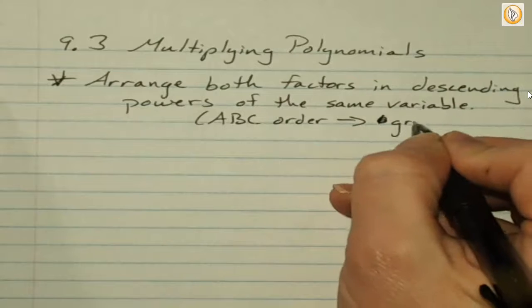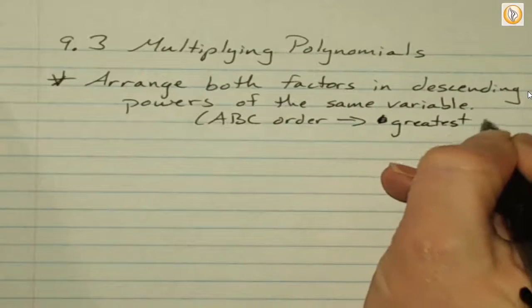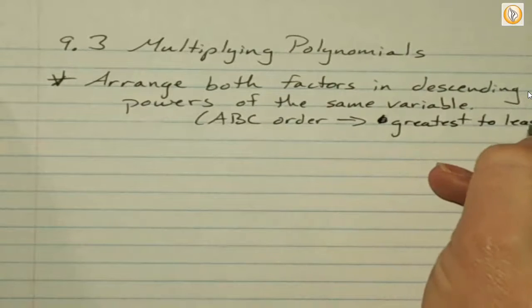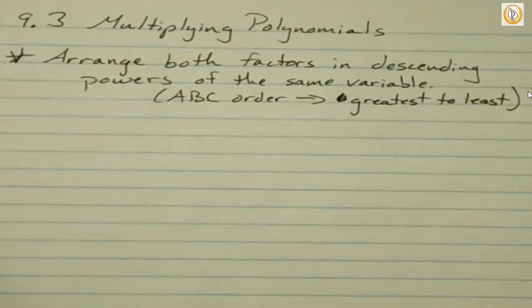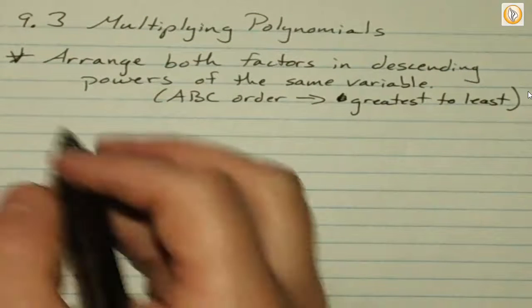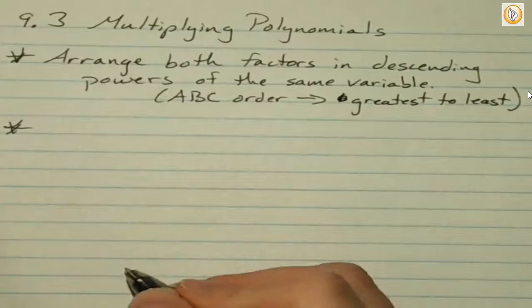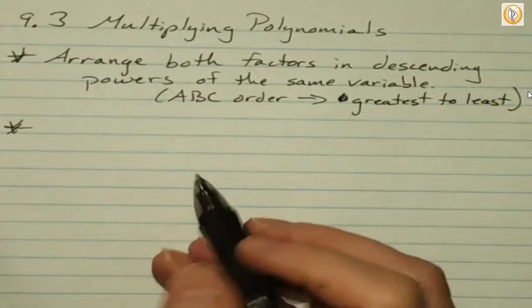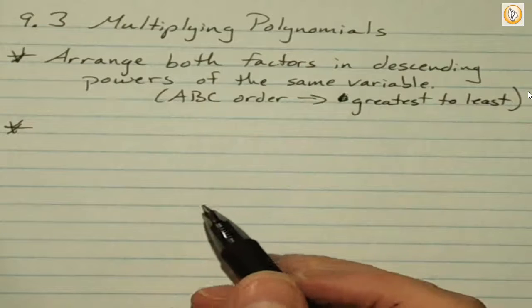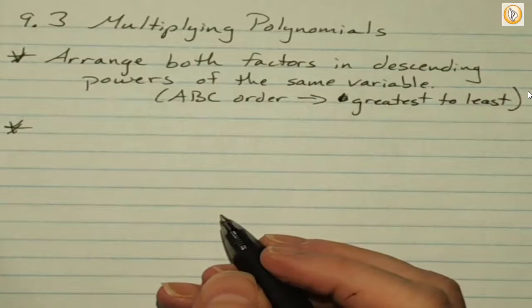Greatest to least. That's what descending means. It gets smaller. So greatest to least. They're going to try to trick you. They're going to throw stuff at you, but you got to make sure everything is in descending order.